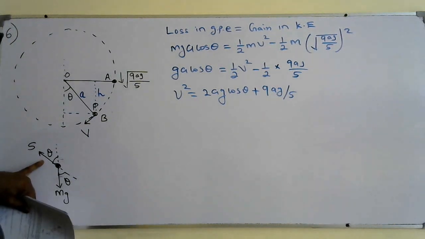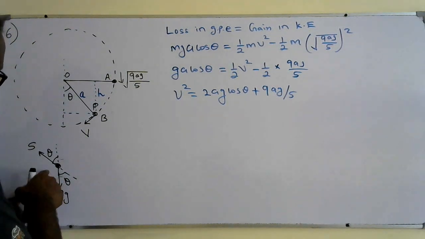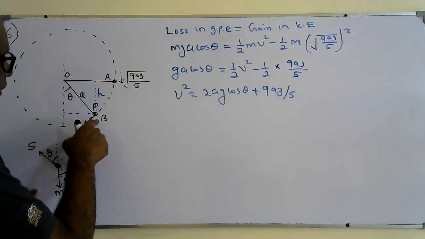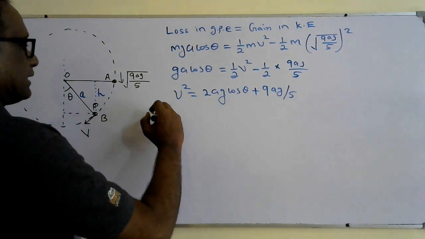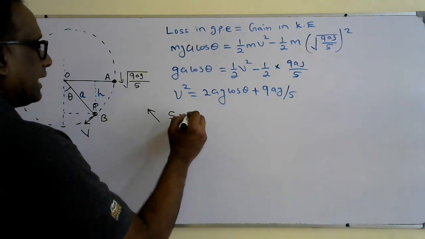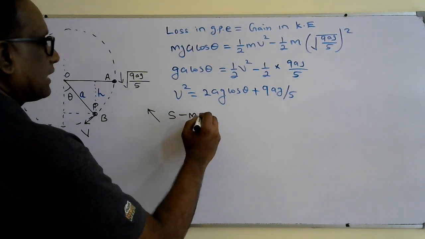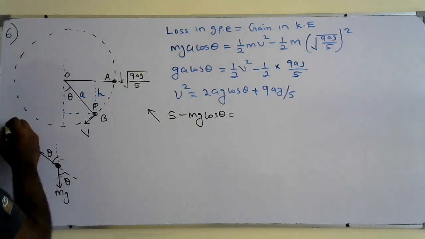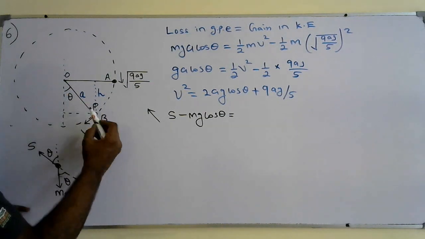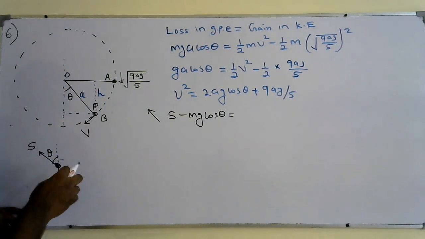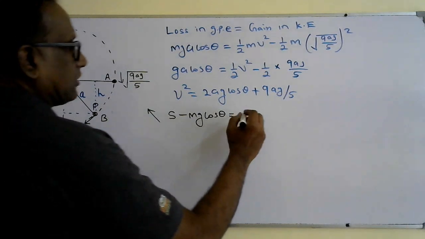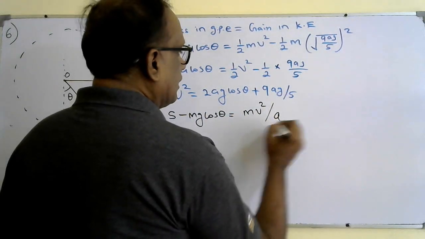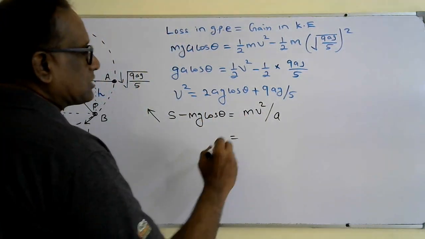Okay, so we'll write the equation for the centripetal force. These are the actual forces acting on the particle at position B. So S minus mg cos theta, the resultant force towards the center of the circular path, is equal to mv squared over r. The center of the circular path is somewhere here, this is O. R is A. So instead of v squared, substitute this one.